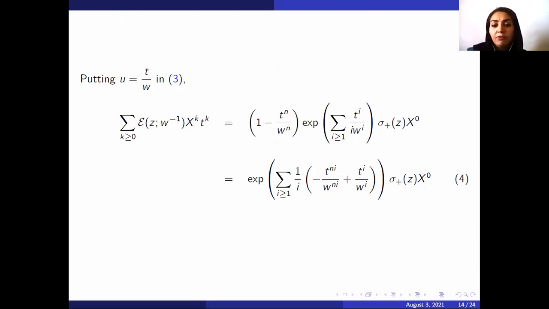And mind that the first part, 1 minus Tn over Wn, can be written in exponential form, and then we compact these two exponentials in one expression, and we have this formula times sigma plus Cx0, which is exactly the Bernstein-Boccaccio-Miwa formula for one indeterminate.